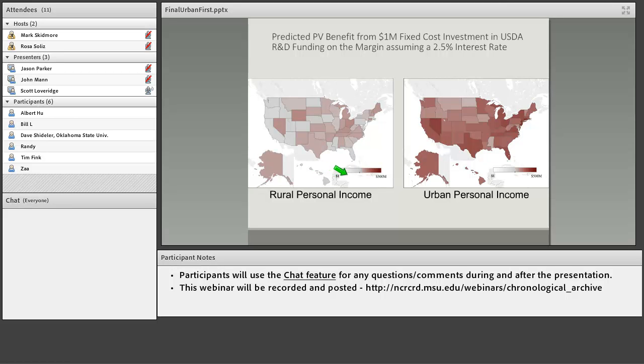And you see that there are positive impacts everywhere, but the positive impacts are greater in the urban counties of states, with the darker red, than they are in the rural counties. Some of that is driven by the discount rate, but basically the urban areas feel the impacts earlier and greater than the rural areas.